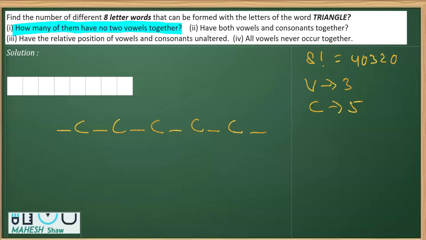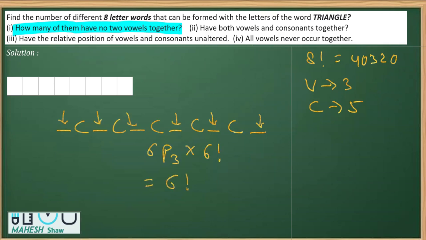So we figure out that we have 6 spaces, 1, 2, 3, 4, 5, 6, out of which we have to arrange 3 of them. Further, you can see the consonants, 5 of them, are arranged in 5 factorial ways.